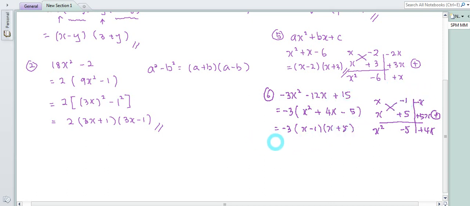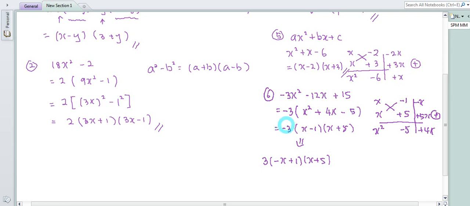So sometimes maybe you look at the answers given by the book's difference, but maybe the book will give you this answer. They bring the negative go in, so in front here they just write the 3, so it becomes negative x positive 1, x plus 5. Copy here.